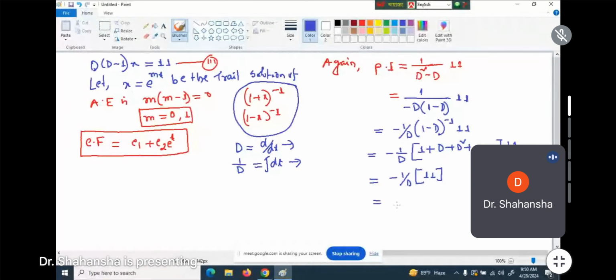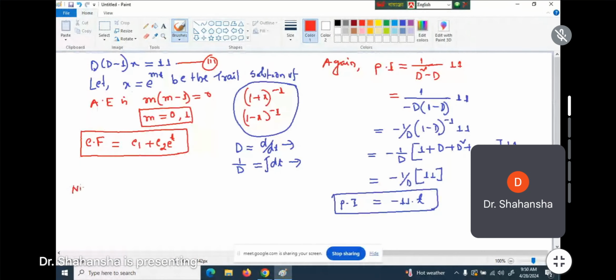Now 1 by D is the integration with respect to t, so minus 11 into t. That is the PI. Any question on CF and PI?